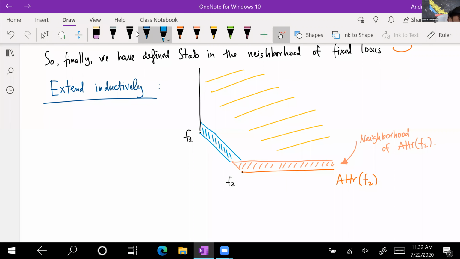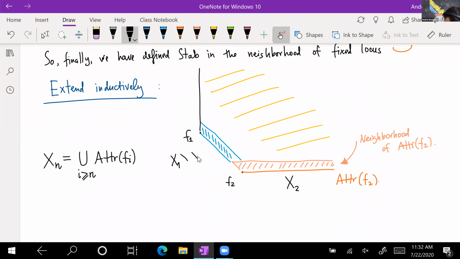Okay, so in other words, we will define the filtration, we will define Xn. This would be the union over i bigger or equal than n of the attracting manifolds of Fi. And so in this picture, this would be X2. This would be X1 take out X2. And this would be X take out X1.